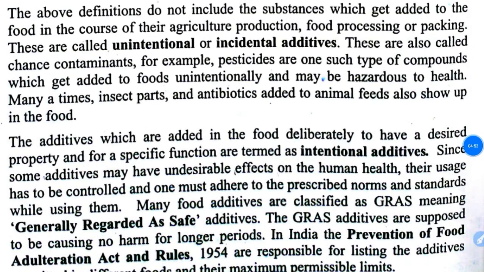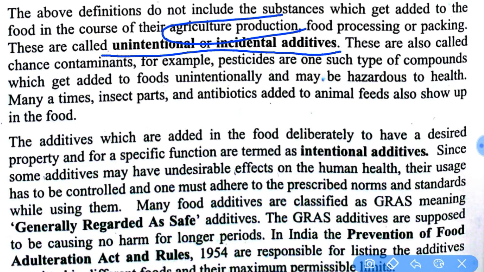Then unintentional or incidental additives are also there. These incidental additives are those added to the food during the course of production, agricultural production, food processing or packing. They are not intentionally added; they are automatically added to the food during processing, and are also called chance contaminants.